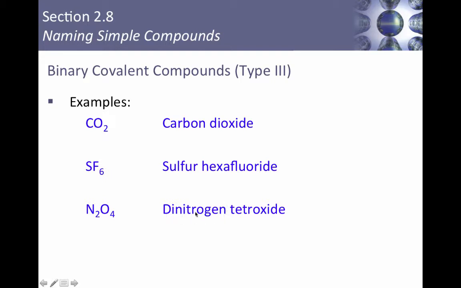So I have dinitrogen, and then I have 4 oxygens, tetraoxide. So we run into a little bit of a problem with things like oxide, and the A-O combination becomes kind of a mouthful. So it's tetraoxide. You can work on the spelling there.